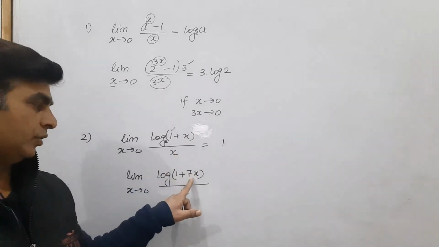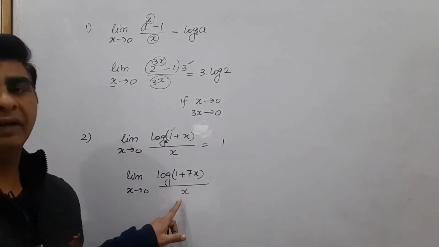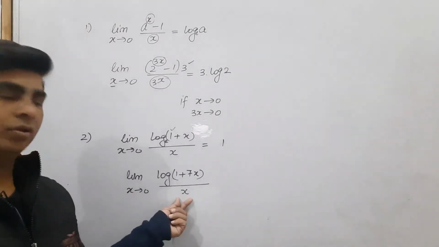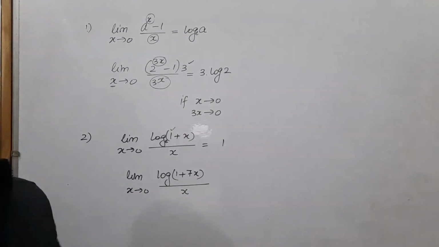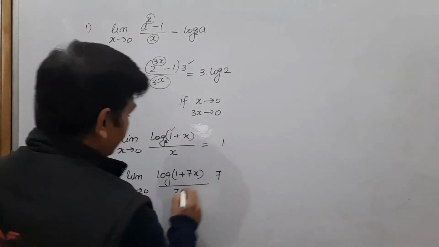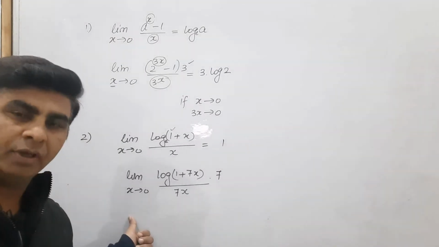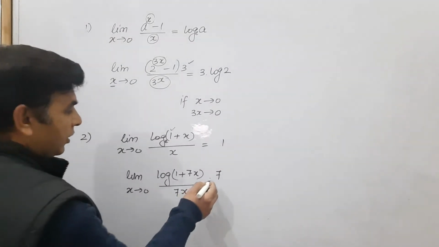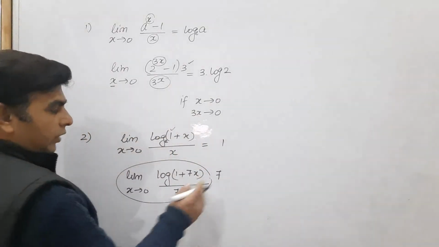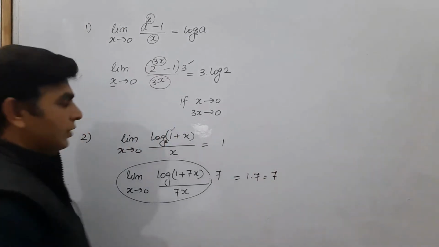So here this is 7x, so here also we have to check whether it is 7x or not. This is not 7x, so what can we do? Just multiply and divide by 7. In this case, if x approaches 0, then 7x will also approach 0. So this is the complete formula whatever we have discussed here. This is equal to 1. So the answer will be 1 multiplied by 7, and the answer is 7.